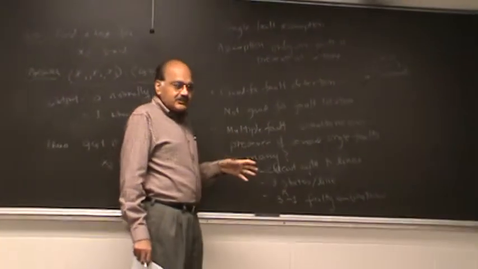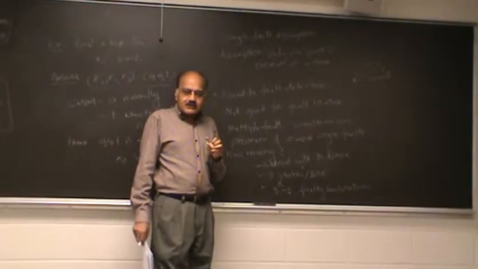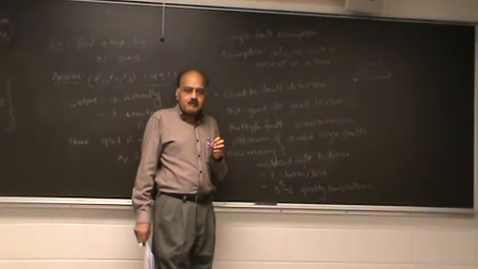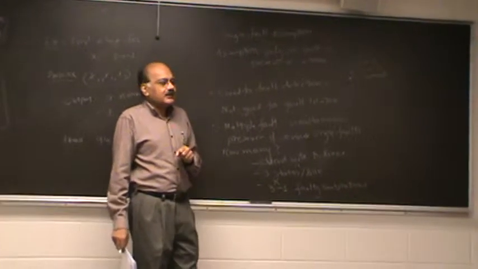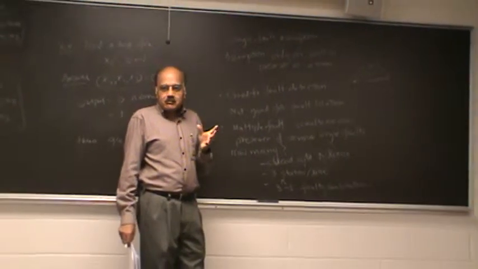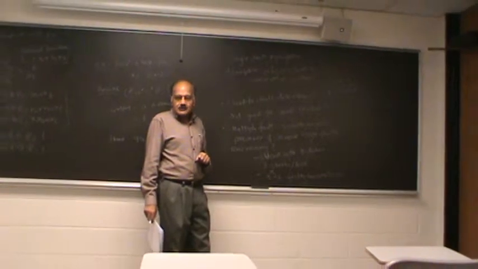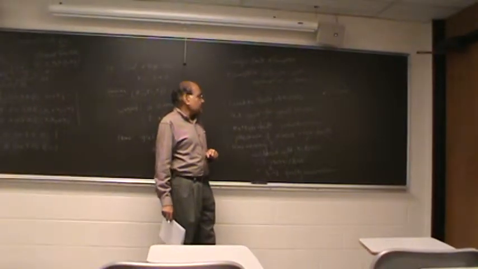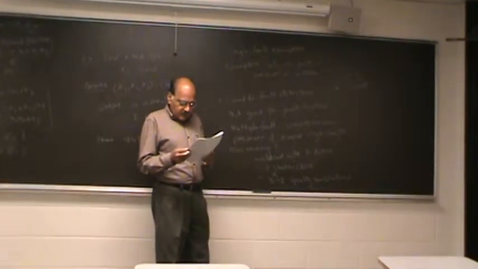Now there are some researchers who have thought about multiple faults and some regular structures where things could be generalized. But in general, people don't talk that much about multiple faults unless you are talking about fault location, which is a harder problem.